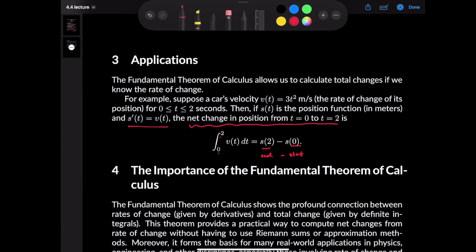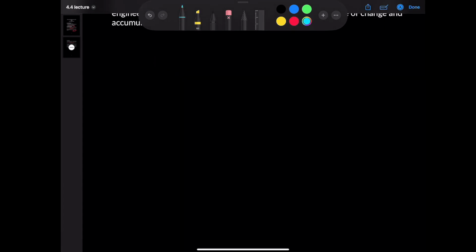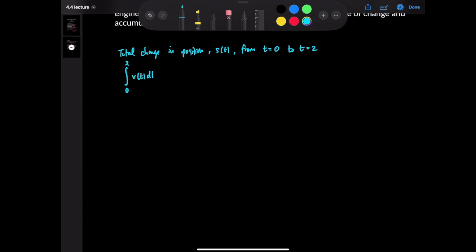So let me unpack this example a little bit more. I'm going to scoot down here and then I'll read number 4. The problem we were given was, the total change in position, s of t, from t equals 0 to t equals 2 is given by the integral from 0 to 2 of v of t dt. And what the fundamental theorem of calculus tells us is that this is equal to s of 2 minus s of 0.